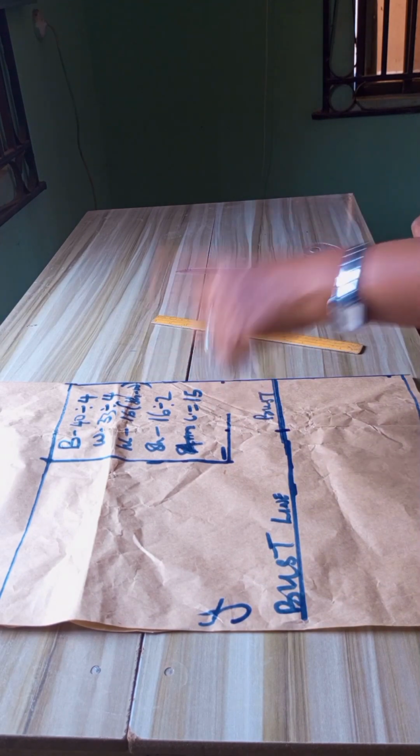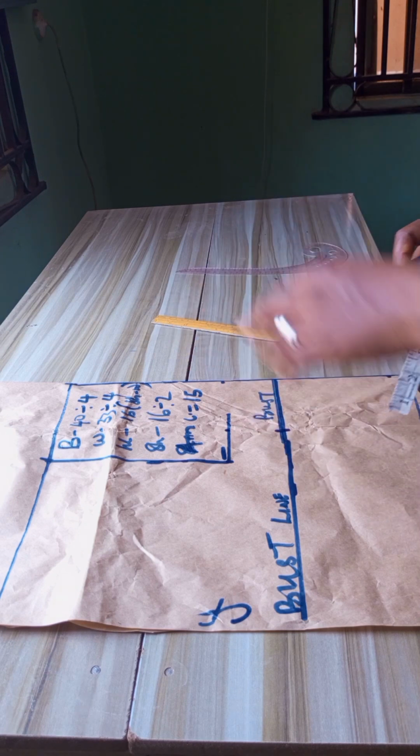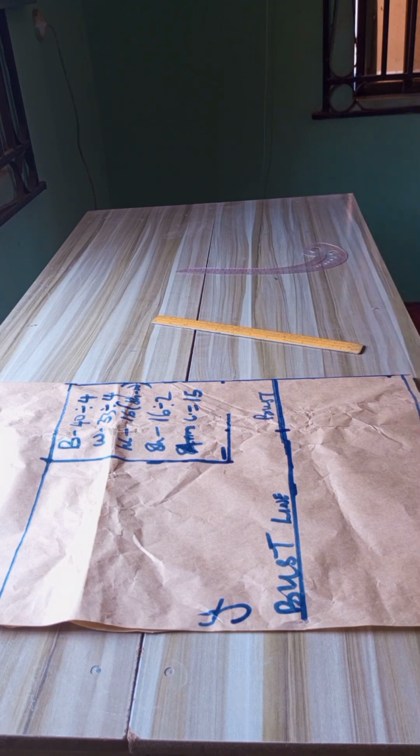Now, the next thing we are going to do is input our waist measurement. Measure your waist round. Whatever you get for your waist circumference, divide it by 4. My whole measurement is 33 divided by 4. That will give us 8 1/4.